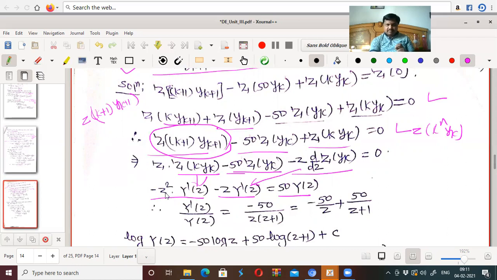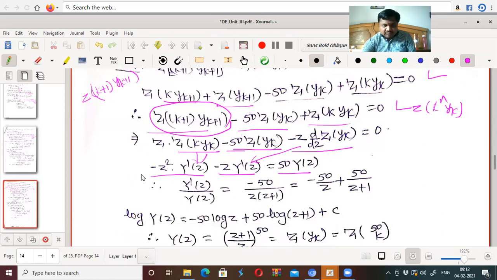So we get minus, again z into Z transform of kyk is minus z into derivative of Z of yk, that is Y dash z. Now what about here? Minus z square minus z Y dash z equal to 50 Y of z. So this becomes minus z square minus z into Y dash z equal to 50 Y of z.